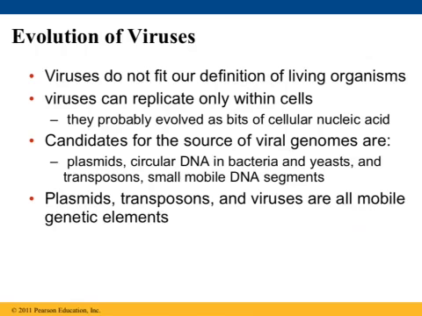It can come from plasmids, from circular DNA in bacteria and yeast, from regions of the genome called transposons that can actually move around, from small mobile sections of DNA. Yes, DNA can move. All of these pieces, plasmids, transposons, and viruses, are pretty much all mobile genetic elements. They can all move. It's DNA on legs.